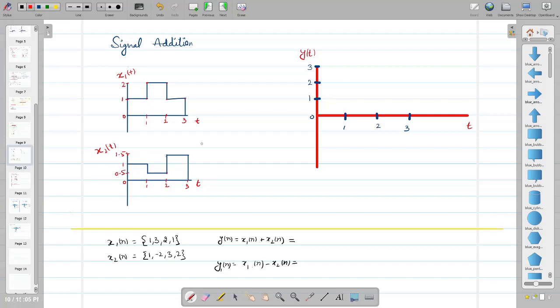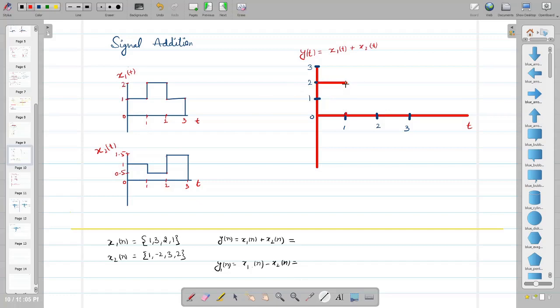and it has a constant value up to 3. Now we have to add the two sequences, represented by x1(t) plus x2(t). We have to obtain y(t) here. Up to this 1, both signals have amplitude 1, so adding 1 with 1 we get 2 up to this 1.